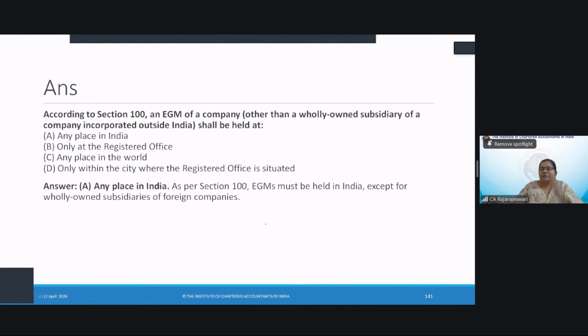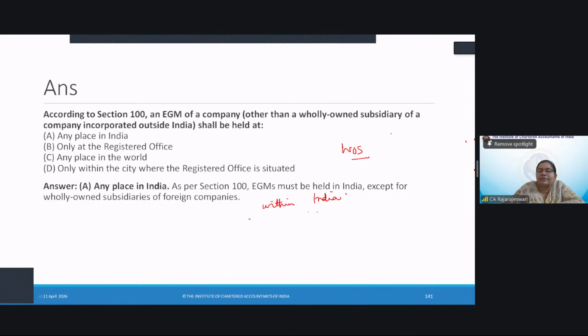Except for a wholly owned subsidiary which was incorporated outside India, the EGM can be held at any place in India. No restriction that it should be held only at the registered office or anything. Within India, you can hold. That is the rule.